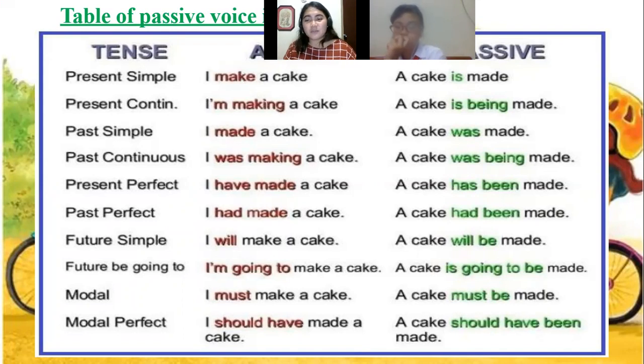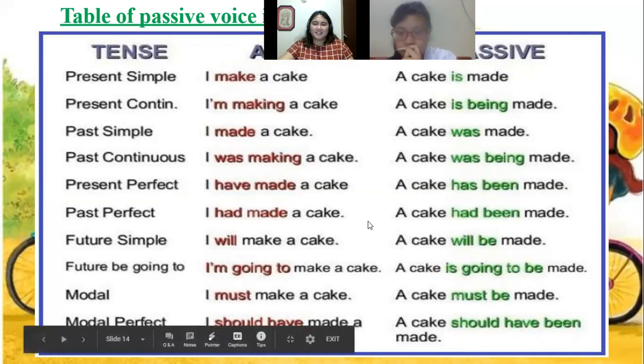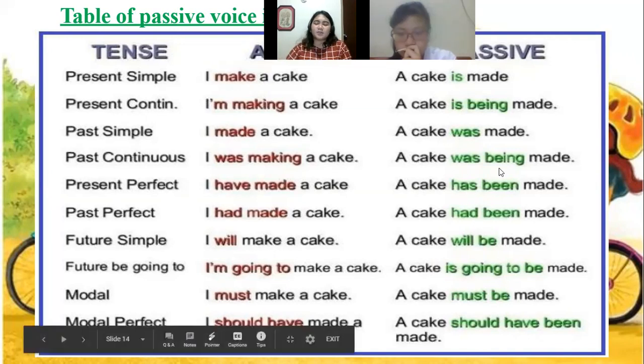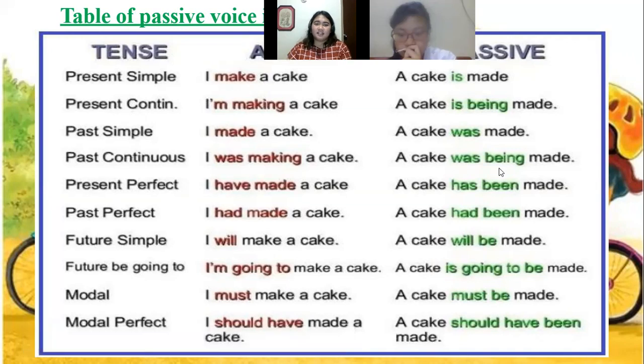But in the passive form, it has already been done, or it should be done, or it is being done already. Did you understand? Okay, so just remember, in the passive there's always an is, was, has, had, and the sentence is quite certain. Did you get it?